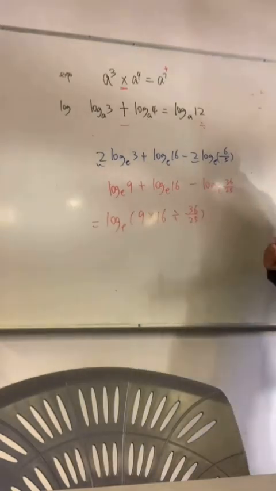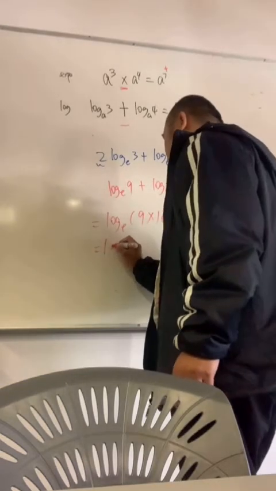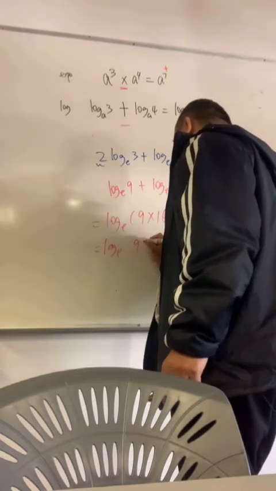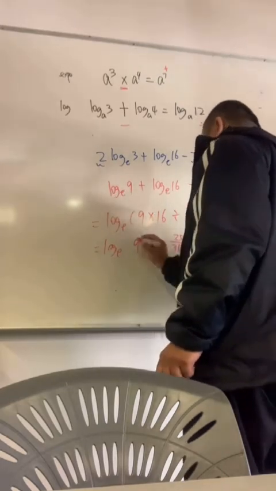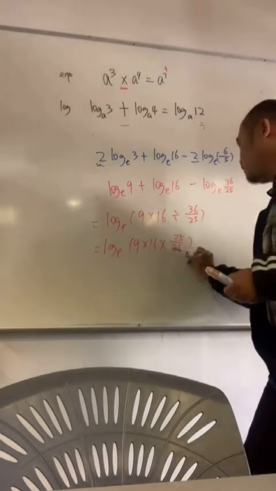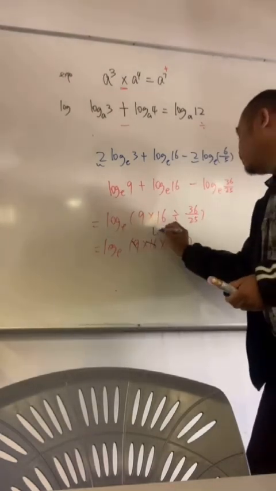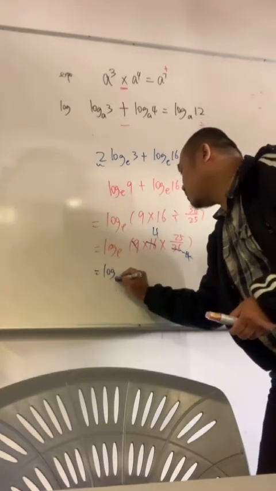If you simplify this one, you will get what it is. So you get 4, you cancel this out, and you get 4. So now it becomes a very nice number, 100.